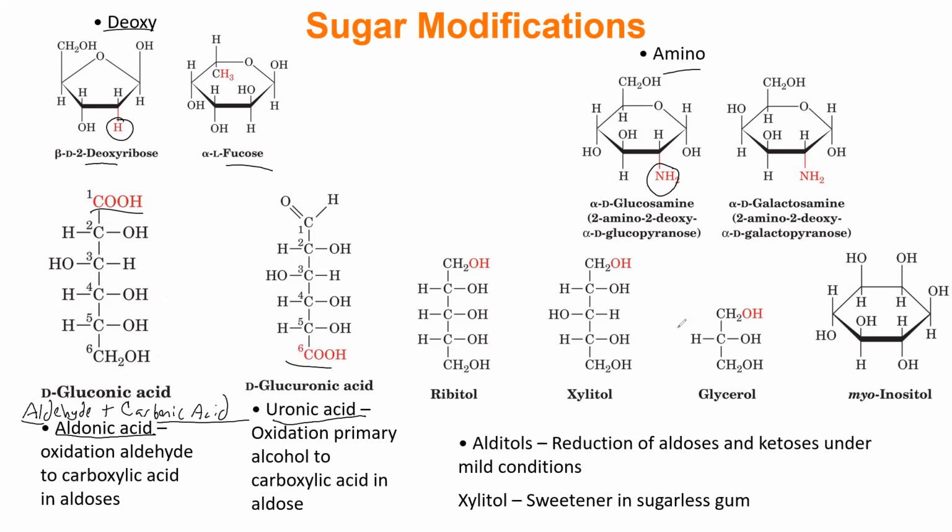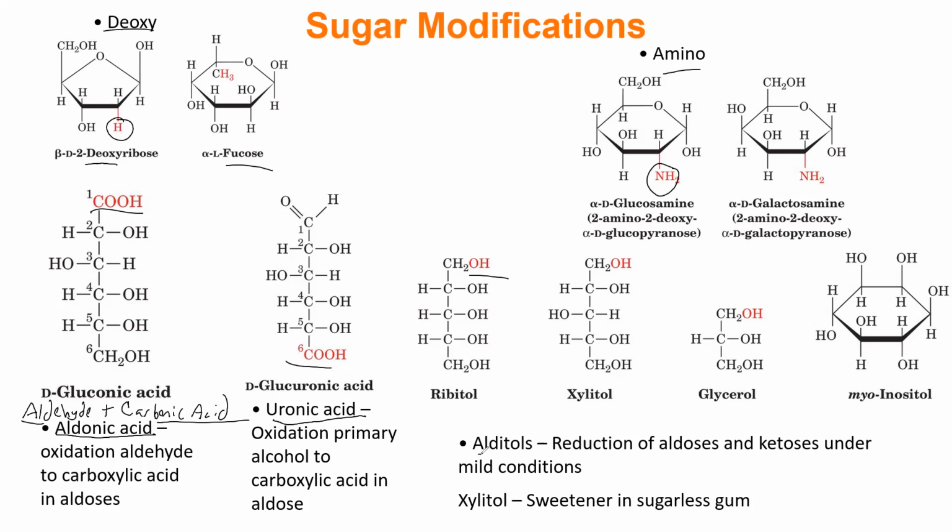The sugars I'm showing here, ribitol, xylitol, glycerol, inositol, you don't need to memorize these or anything. These are just common sugars that have been modified, and they've been modified by having an alcohol there instead of a carbonyl carbon.